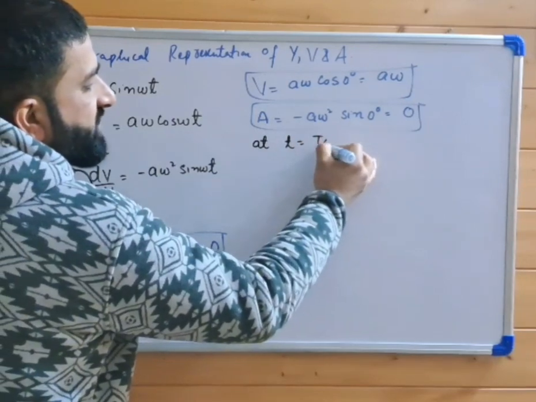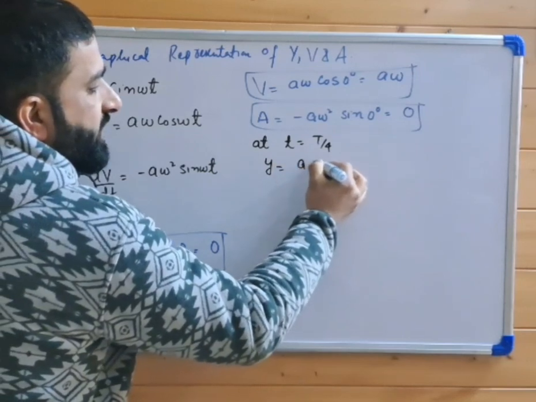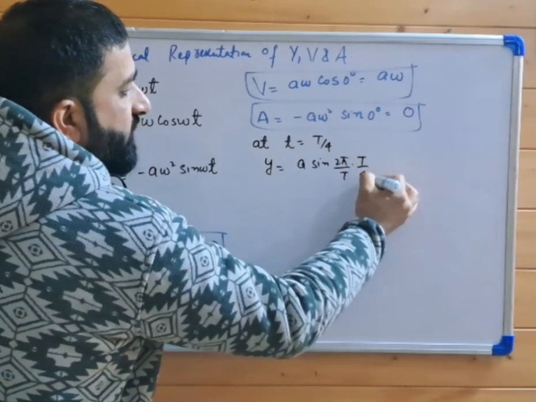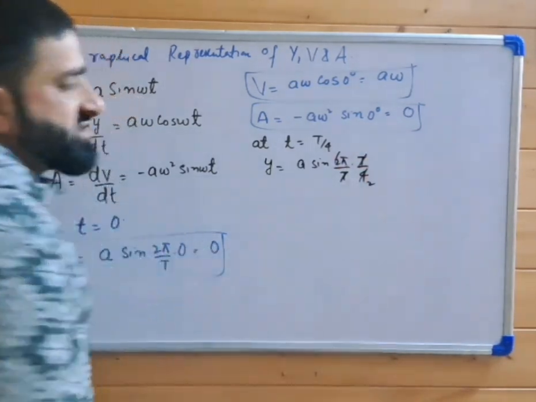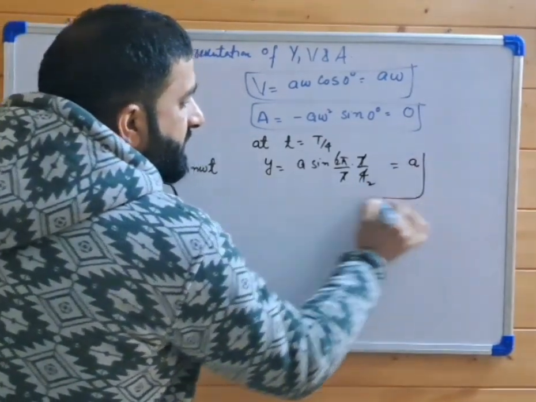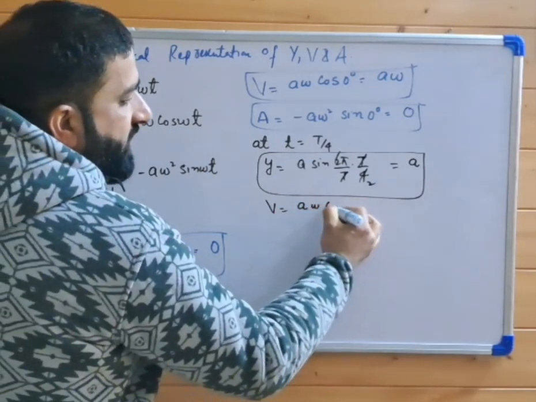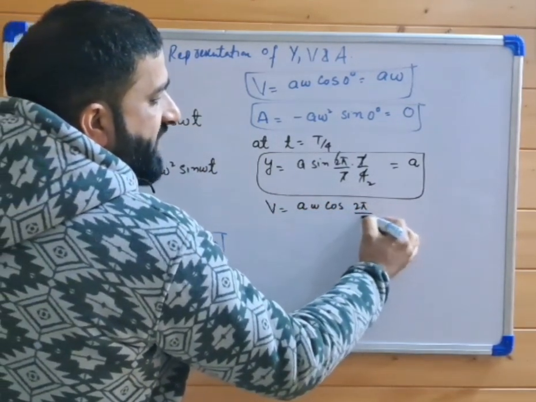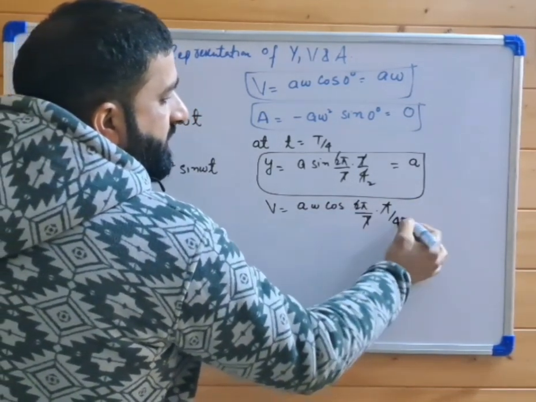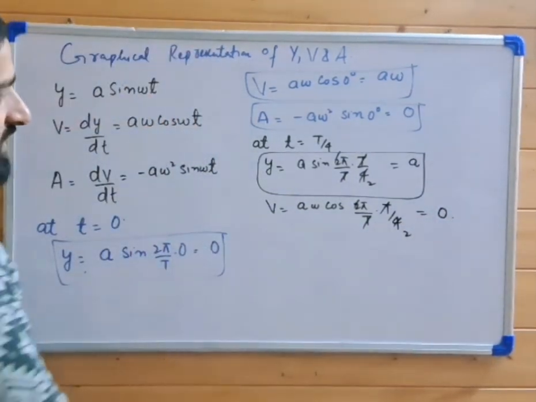Now at time t equal to T divided by 4, the displacement is equal to a sine of 2 pi by T into T by 4. T and T go, it is pi by 2. Sine of pi by 2 is equal to 1, so y is equal to a. Velocity is equal to a omega cos of 2 pi by T into T by 4, that comes to cos of pi by 2, which is equal to 0, so the velocity is 0.